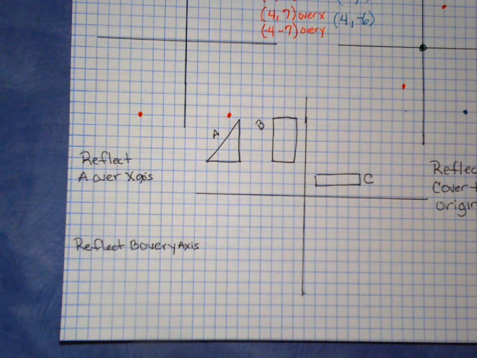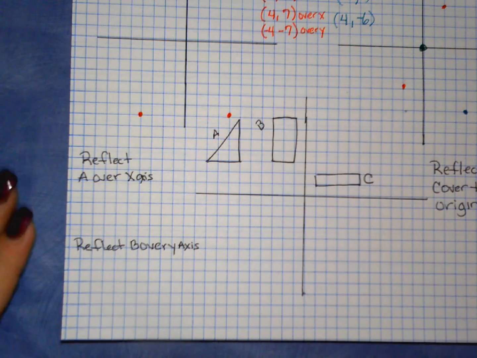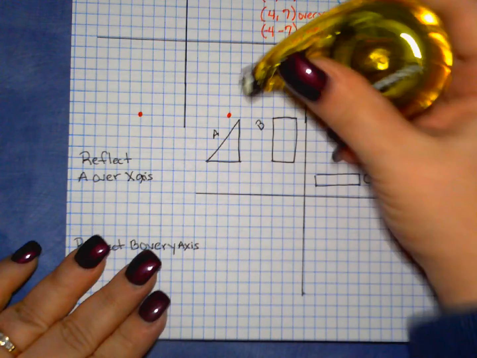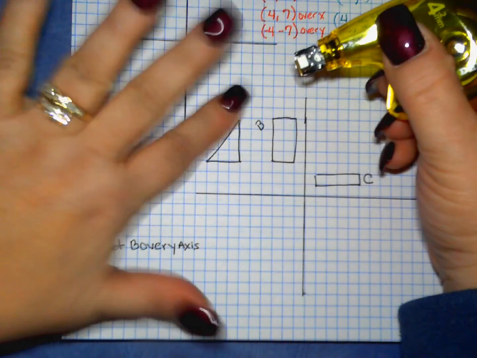So the first thing I would want to do is find all the points for A. And just so that it is not confusing, I'm going to remove this dot so that it's not too distracting, okay?